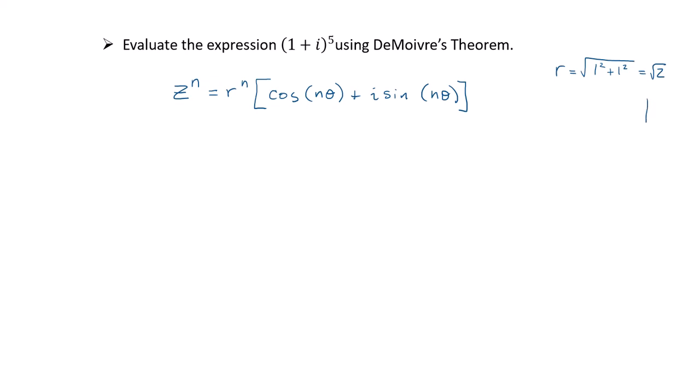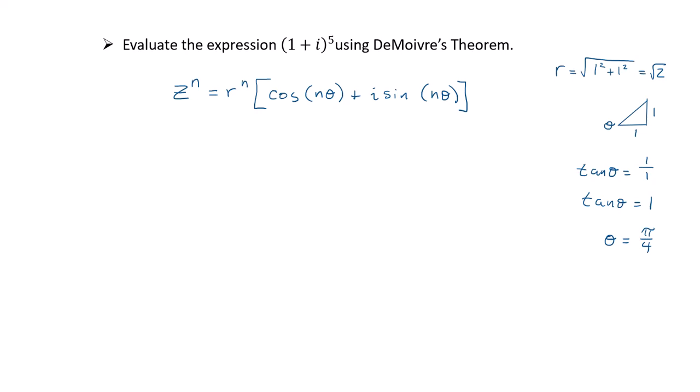What is theta? Well, I know if I draw a right triangle, this is 1 and this is 1, given those components. So theta, I know that the tangent of theta is going to be the opposite over the adjacent. Tangent of theta is 1, and the tangent of theta is going to be 1 when theta is pi over 4.